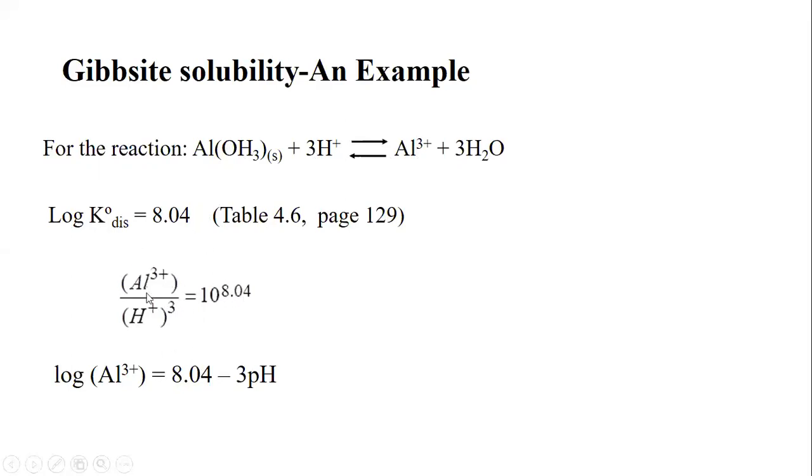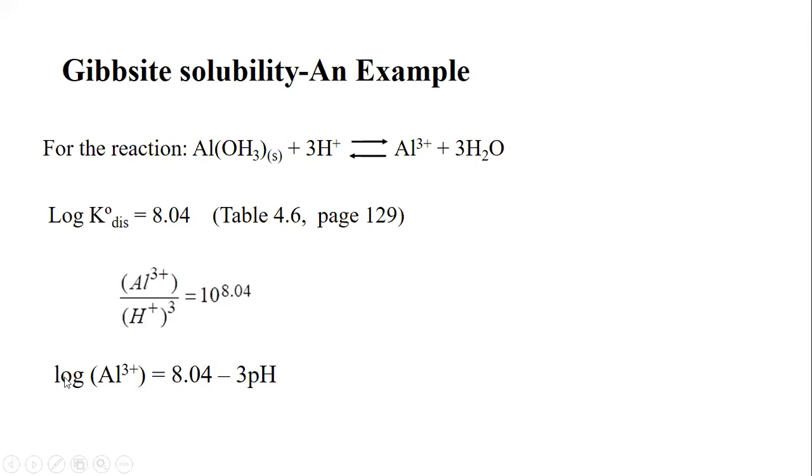You know that, right? If you're given the log, the K itself is 10 to the same power. So take the logs of each side. So log Al3+, and it will be minus 3 log H, concentration or activity, equals 8.04. Rearranging, remember, minus log hydrogen, we call it pH. Minus log H becomes pH.